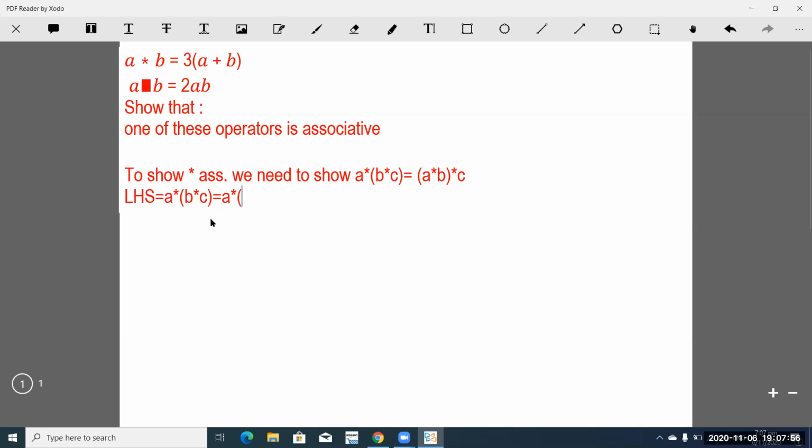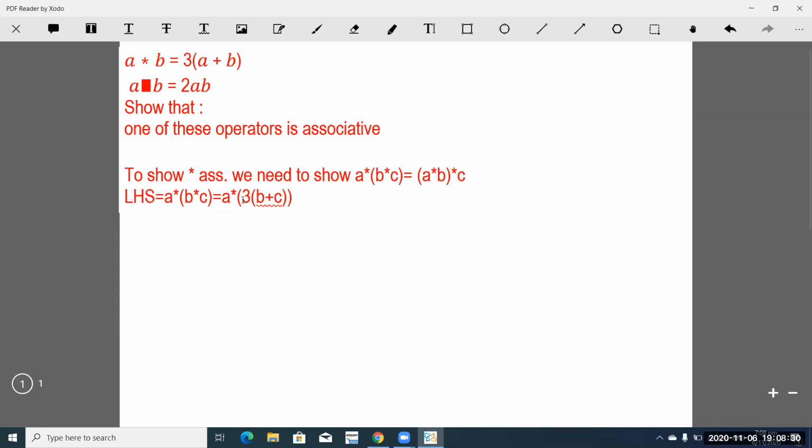B star C would be 3 times the number B plus the number C. So replace A with B and B with C. And so B star C in this bracket is just 3 times B plus C. Good with this?